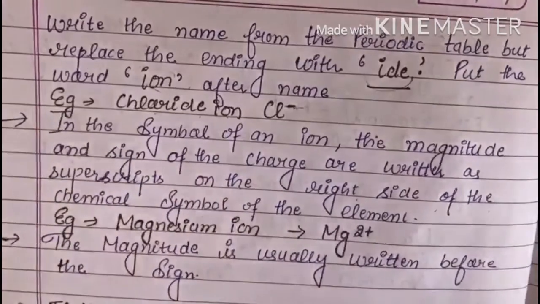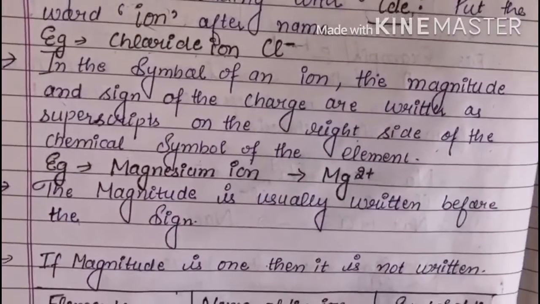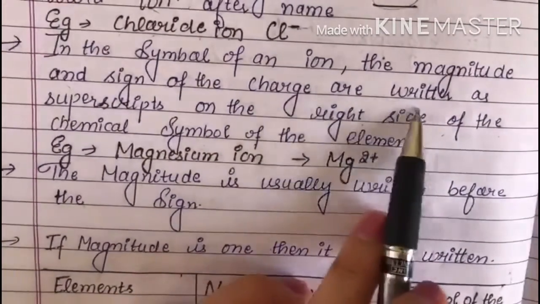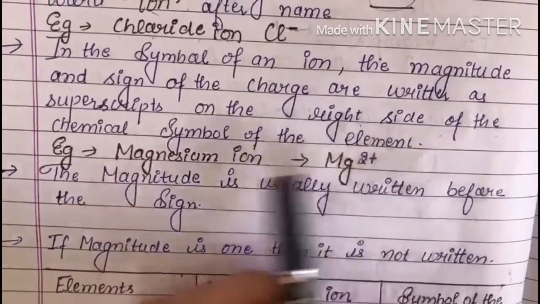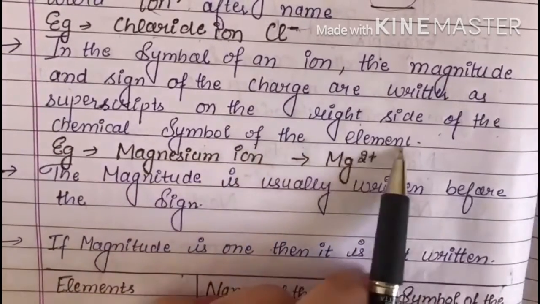In the symbol of an ion, the magnitude and sign of the charge are written as a superscript on the right side of the chemical symbol of the element.